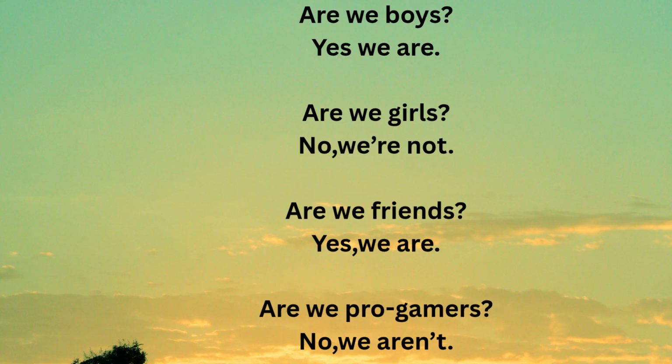Yes, we are. Or no, we aren't. Aren't is a contraction for are not, or we can say no, we are not. And you know that we're is a contraction for we are.